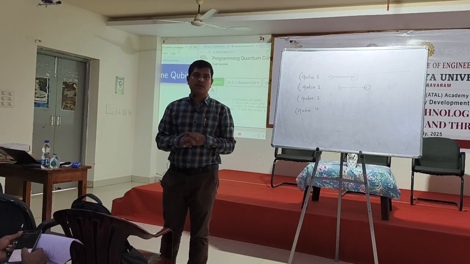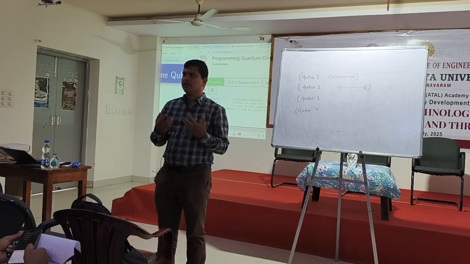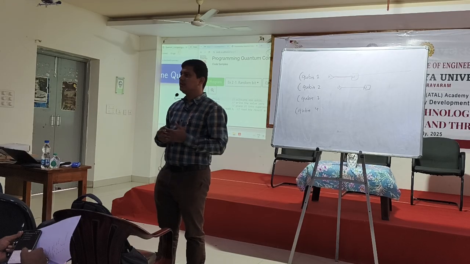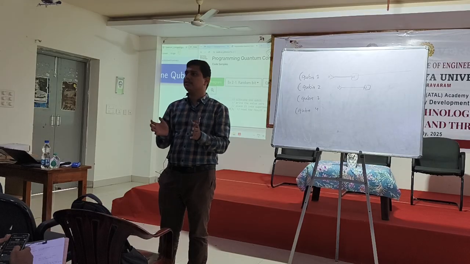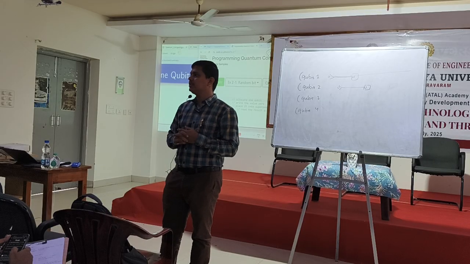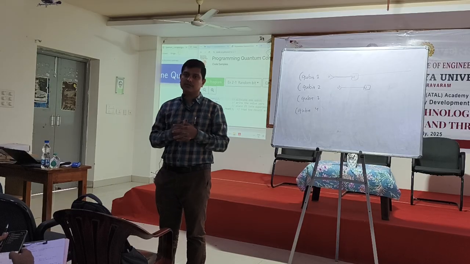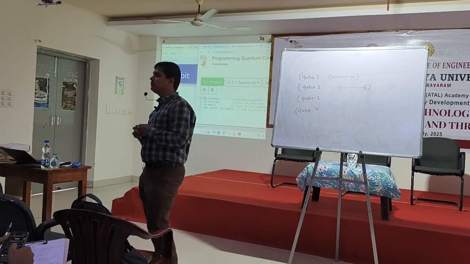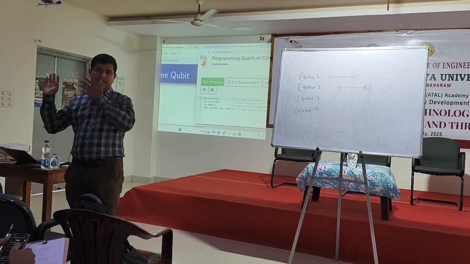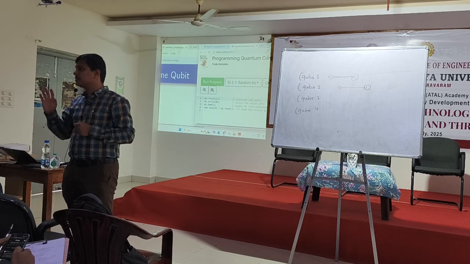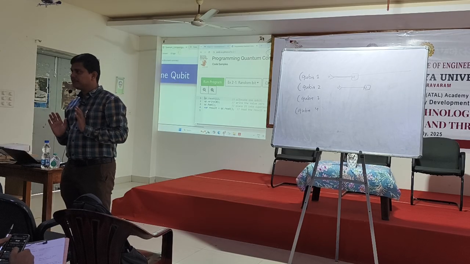So if you want to allocate multiple qubits, what will you write? If you need 2 qubits, you write QC reset 2. Reset is used to initialize a particular qubit. So if I write QC reset 8, I am initializing 8 qubits. When you go for a quantum computer, like I showed you one with 1100 something qubits, you cannot exceed that particular value.